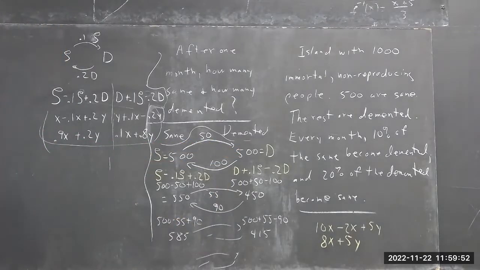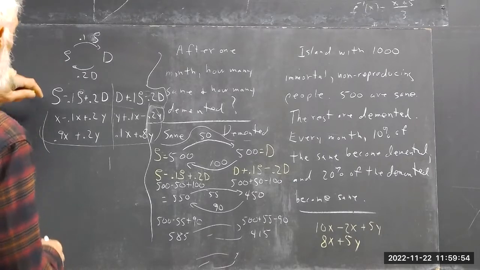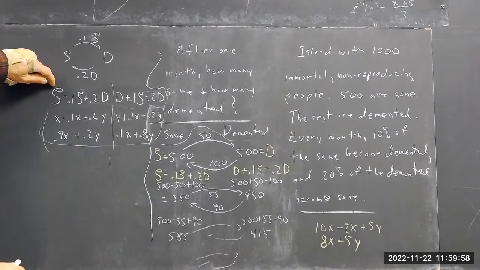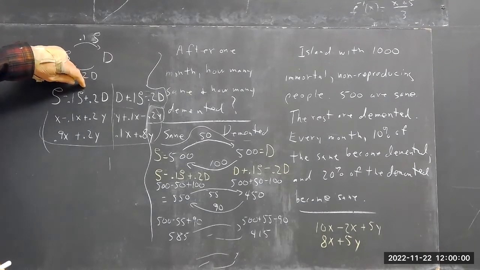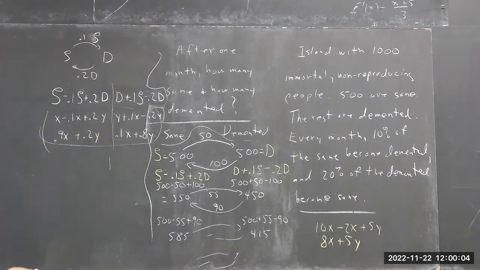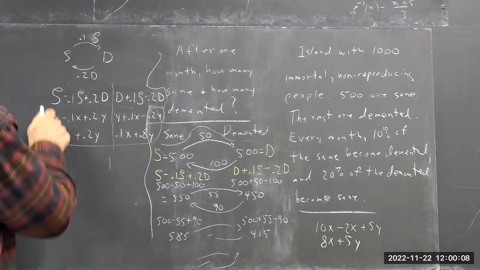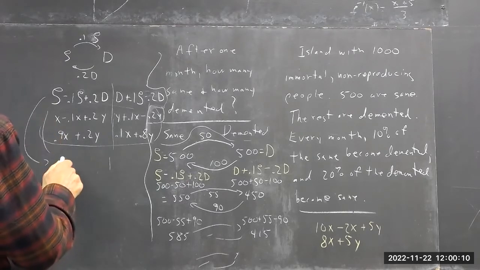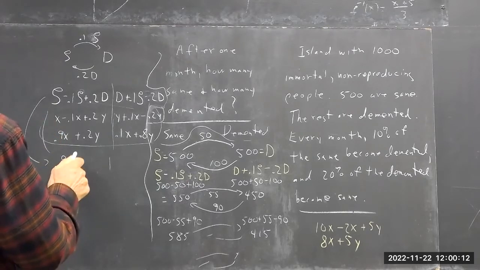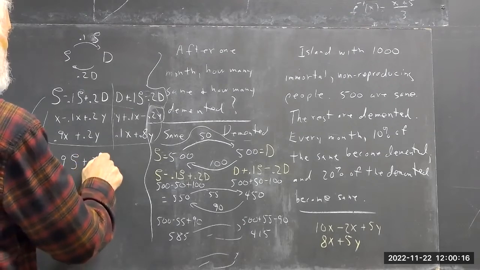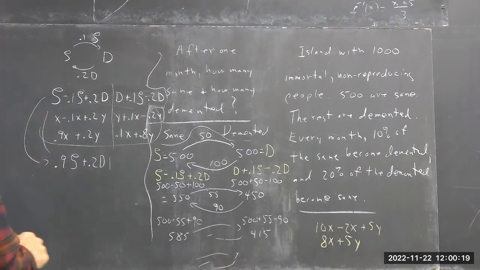Hopefully we overcome that. Okay, well, this is obvious. Well, then, if you read this as an S and this is an S, and this is an S, you see I've got S minus 0.1S, and this gives me 0.9S. Plus 0.2D.